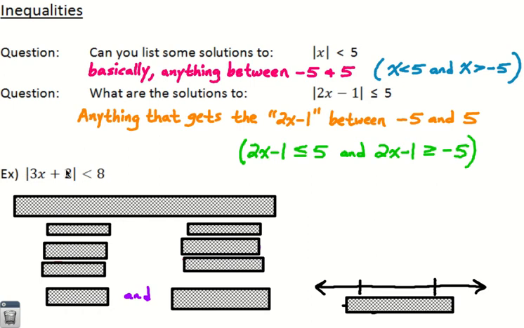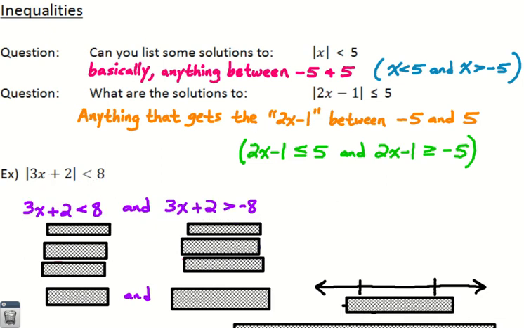Let's look at this example. The absolute value of 3x plus 2 is less than 8. Do you think this absolute value part is isolated on its one side? Yeah, the absolute value is the only thing on the left side, so we can go ahead and do the split into the two cases, where in the one case, 3x plus 2 is just less than 8, but in the other case, the 3x plus 2 is greater than negative 8.